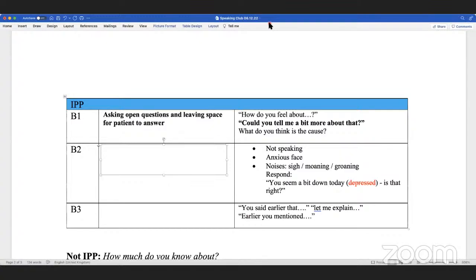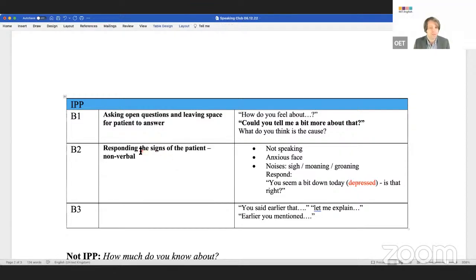His feelings, his anger, yes, feelings. His opinion, his point of view. This would be non-verbal. What does that mean, Ismail? Non-verbal. Not speaking. So this is responding to the signs of the patient that are non-verbal.